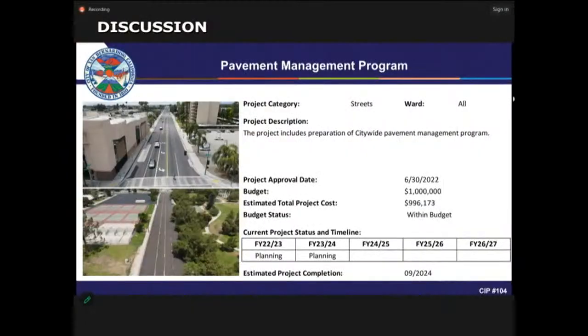So the next project is the pavement management program. This is a planning document, basically preparing the pavement management system for the city. It's a systematic approach to identify the entire city pavement network and conduct field surveys to identify the existing pavement condition index, which is essentially a rating from 0 to 100, 100 being a perfect street and 0 being a failed street.